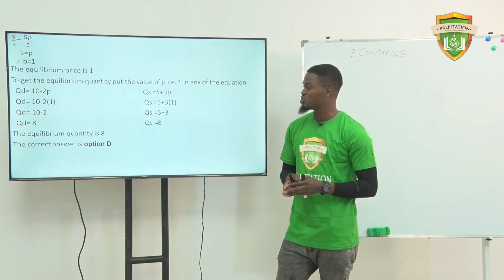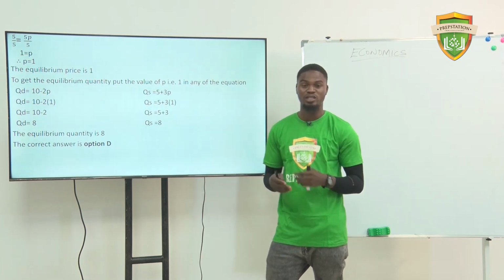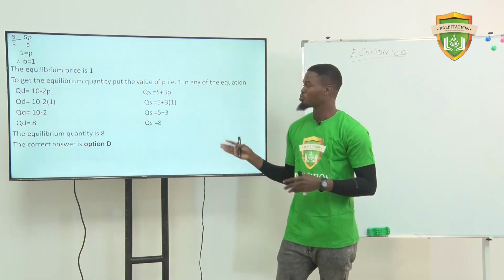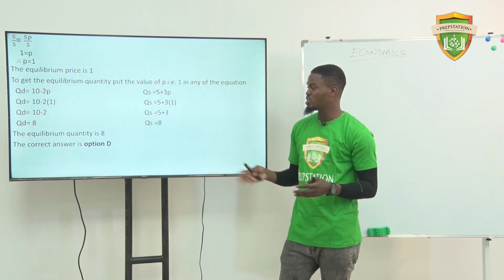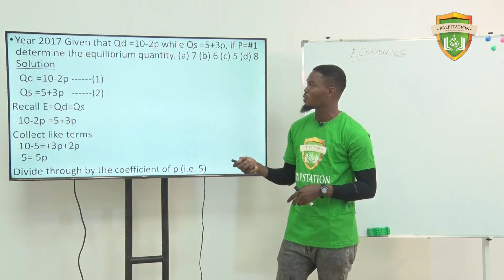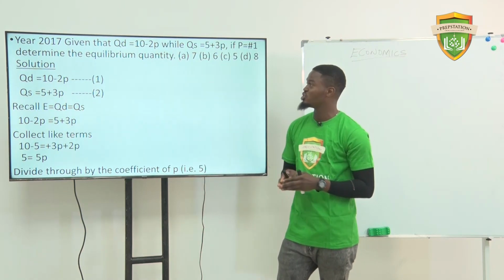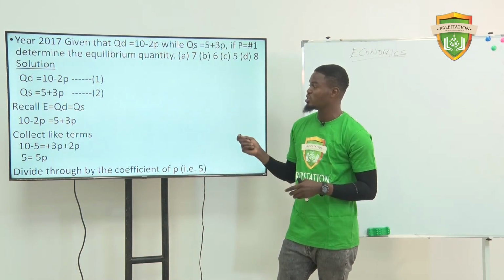Inputting that into the equation, 3 multiplied by 1 gives you 3. Adding them, you have 8, which gives you your equilibrium quantity. So going back to the question, we have 8. So the appropriate answer for this question is option D, which is 8.